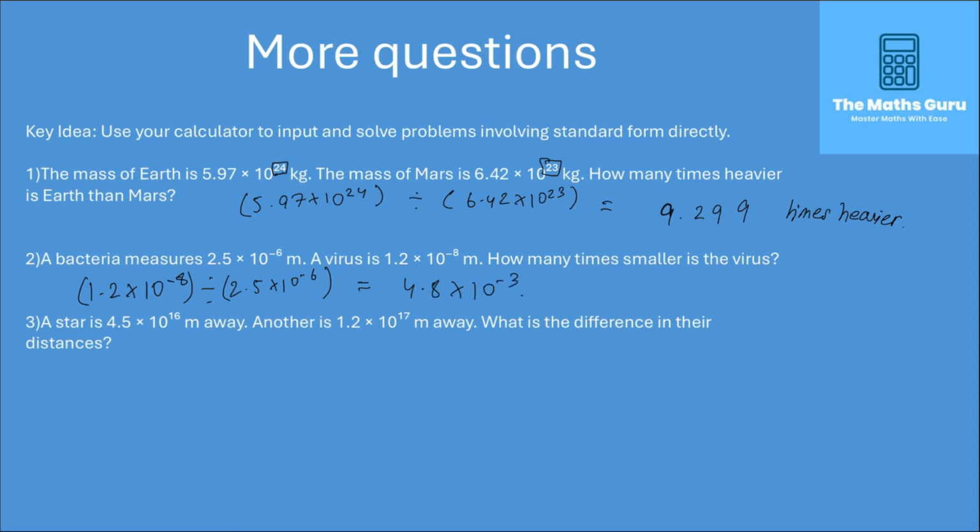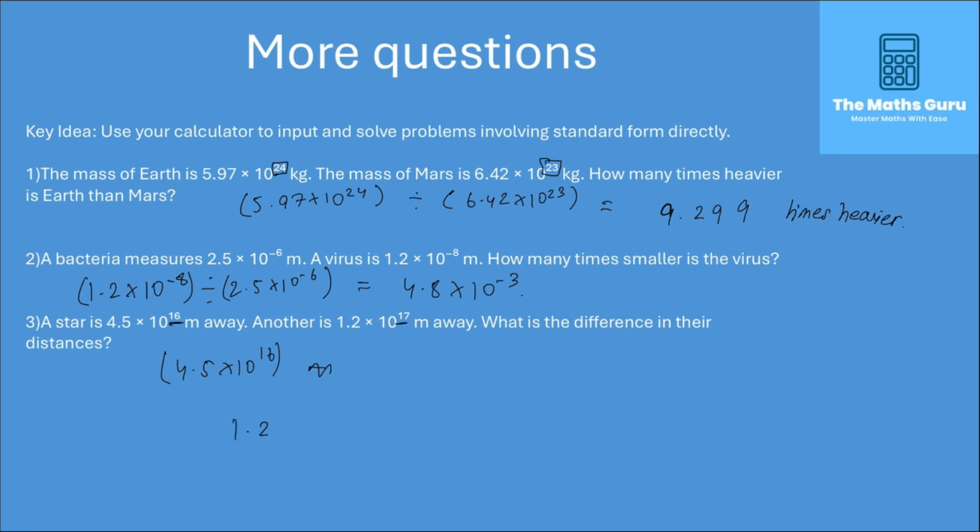So a star is 4.5 times 10 to the 16 meters away. Another is 1.2 times 10 to the 17 meters away. What is the difference in their distances? So we do 4.5 times 10 to the 16 minus, actually, we should be doing this the other way around because this one's going to be smaller.